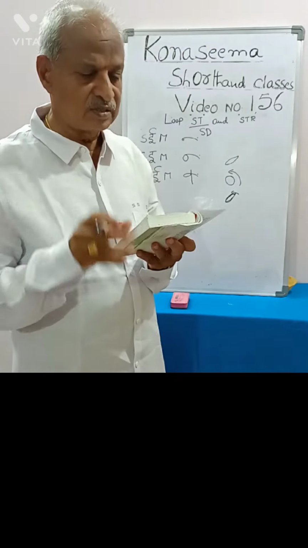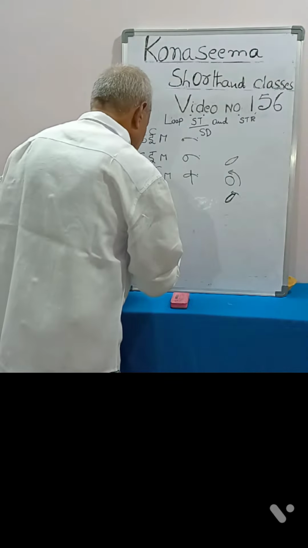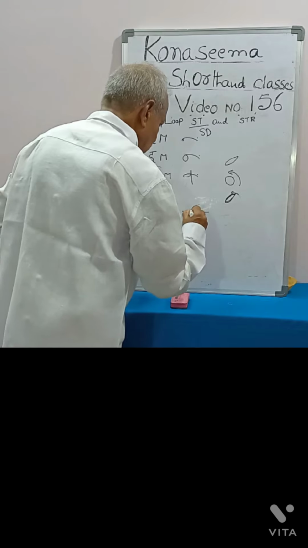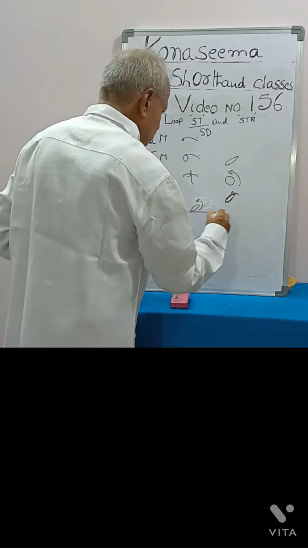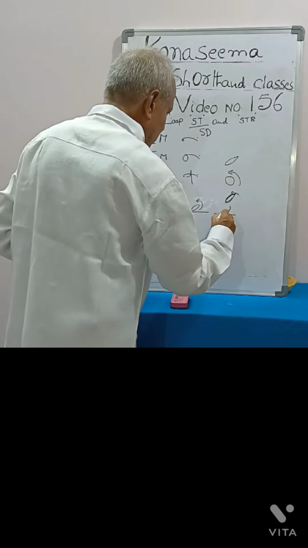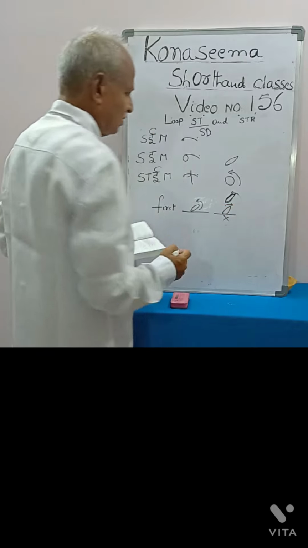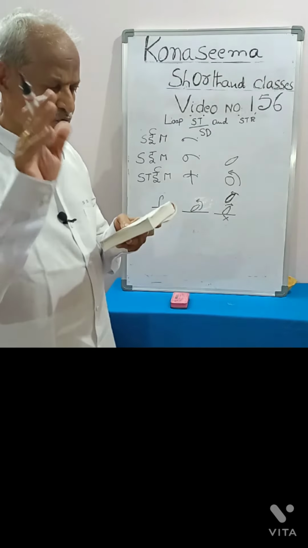You see, page number 45. We have to write first. For first, the grammalogue is steel loop. How will we write? We have to write like this. If you write like this, it is wrong. That's why he is telling us to write with the left motion.